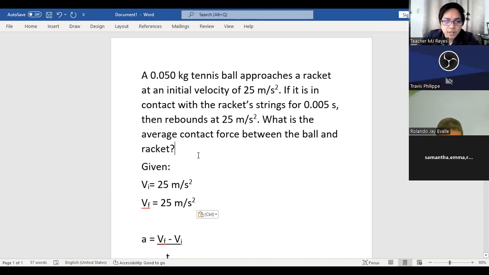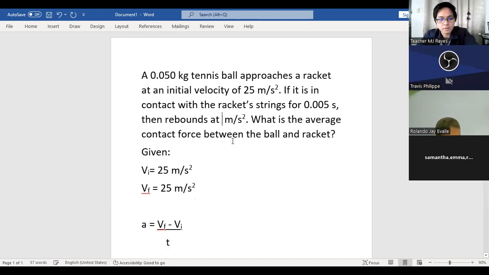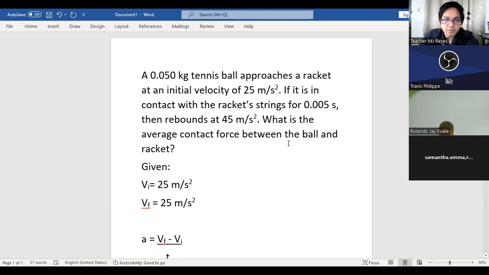Why? Because again, we started with an initial velocity of 25 meters per second, and the final speed is also 25. Let's change the calculation. Let's have this one at 45 meters per second squared.